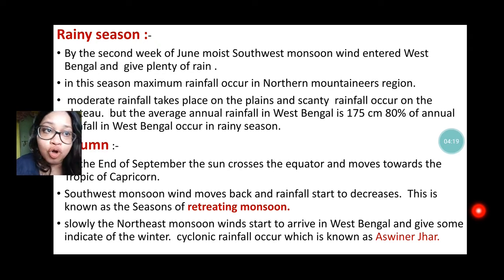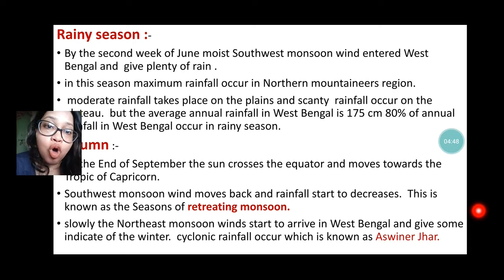Maximum rainfall occurs in the northern mountainous regions, moderate rainfall takes place on the plains, and very low rainfall occurs in the plateau regions. Most of the average annual rainfall happens during the rainy season, mainly 175 centimeters, or you can say 80% of the rainfall in West Bengal.